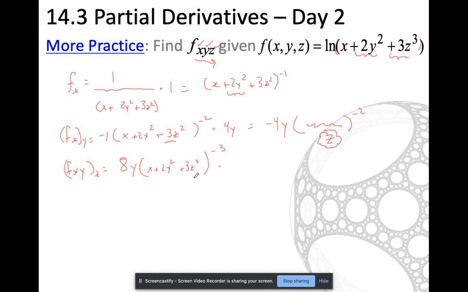Times the derivative of the middle. But the derivative of the middle with respect to z is only the derivative of this term, right? There's no z's in those. So that's just times 9. Oops, I think I wrote this as a cubed way back here, isn't it? Cubed, cubed, cubed. That's where I got my 9 from. 9z squared. So clean that up a little bit. And if you really wanted to put that in a denominator, cubed, that's also fine.